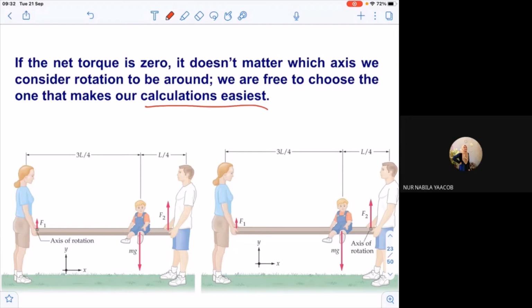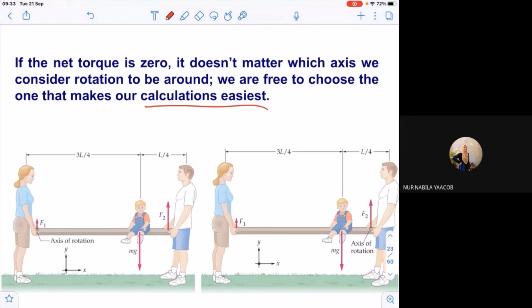So mainly we will take maybe the one in the middle or the one at the end. Just make sure that you put the axis of rotation at least at one of the forces. Don't think in a very advanced way like this.